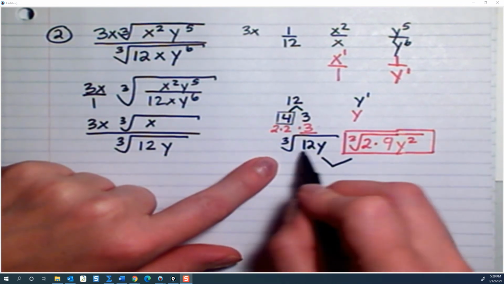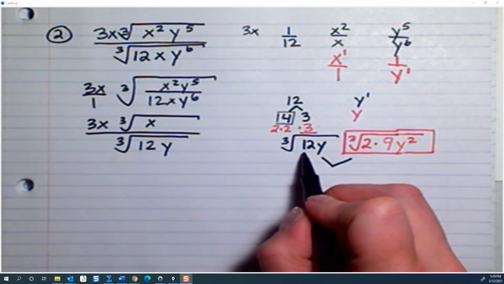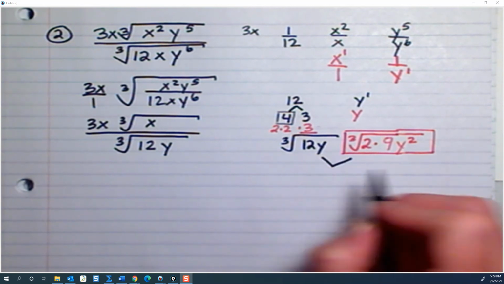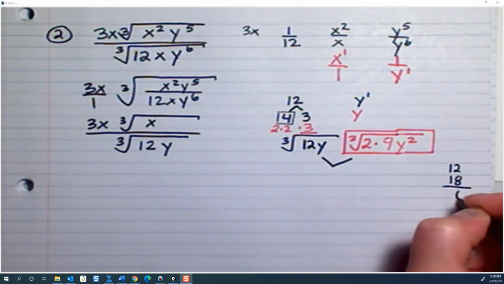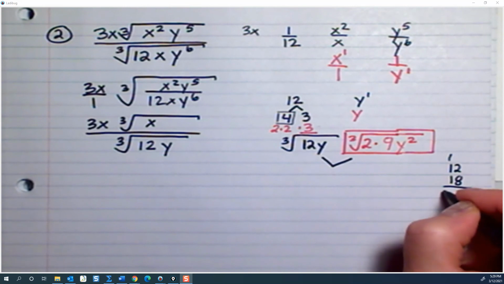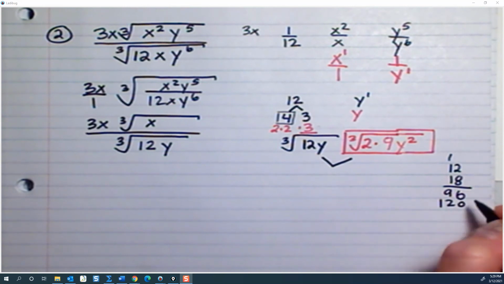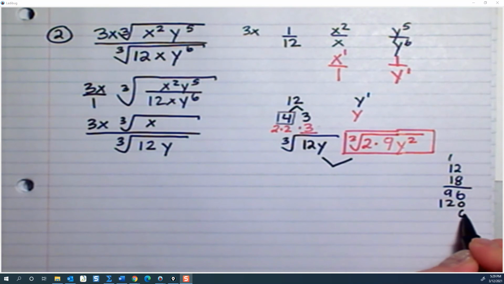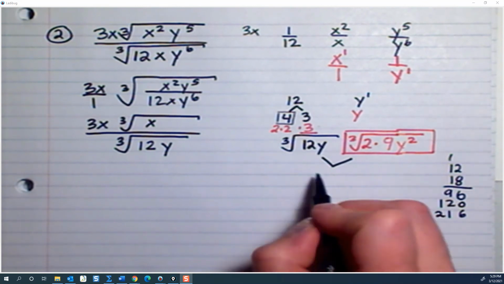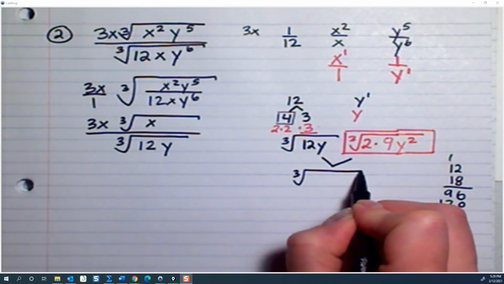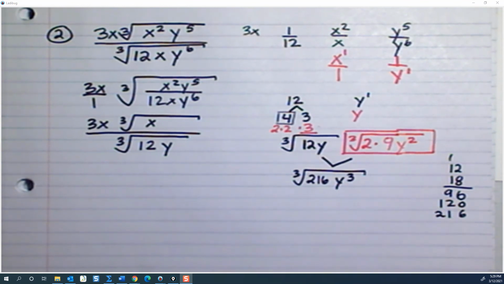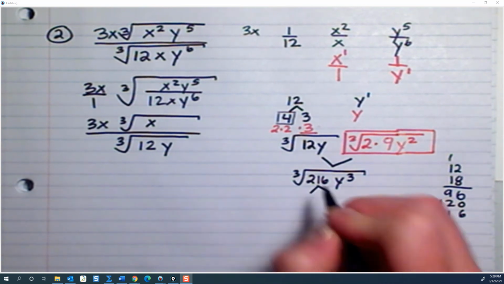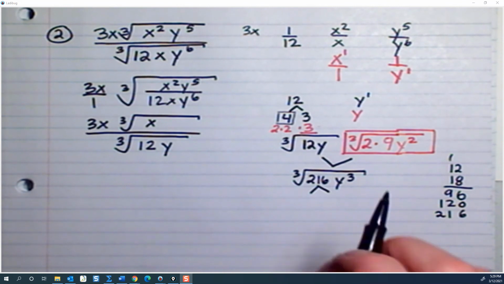All right, so it might be a little tricky. So we've got, wow, all right, 12 times 18. Oh, 216. Okay, so we've got cube root of 216 y cubed. That is a perfect cube, okay, because notice, okay, watch this.